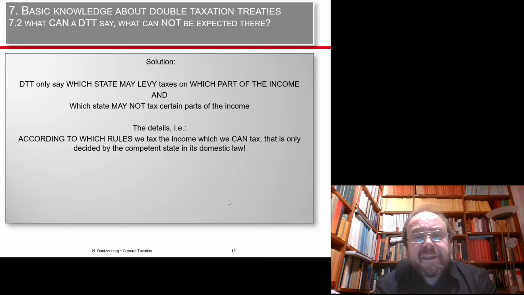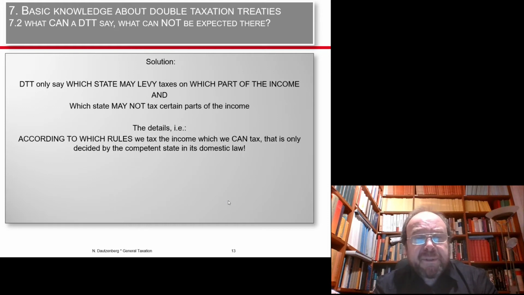So all the details of how something is then taxed are only laid down in the general rules of the national usual law of that specific state. So when the DTT says the rent from a house in Munich can be taxed in Munich, full stop, that's the whole thing which is then said.